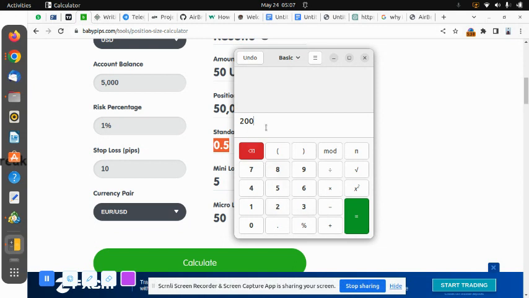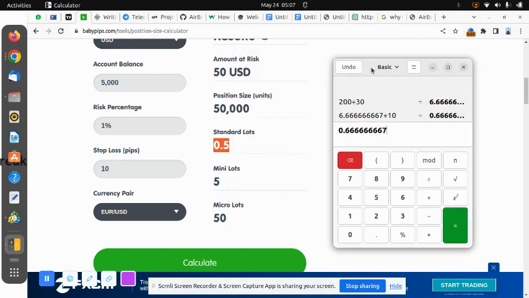So you divide 200 by the number of pips, which is 30, and you're going to get 0.66, right? So what are you going to do next? You divide this by 10. 10, like I said previously, is constant. You are going to use 0.66. So you can see it's the same thing like I told you: it depends on what you are willing to risk, and that's what matters.